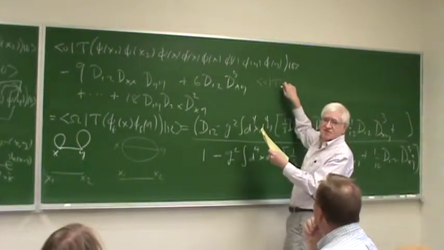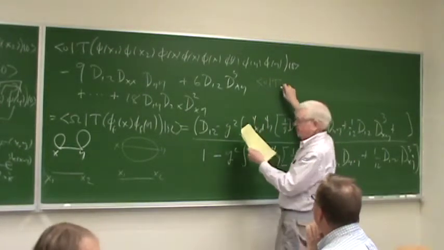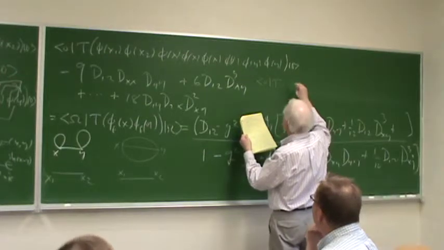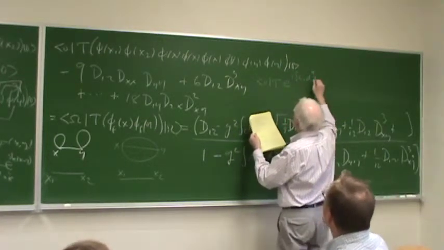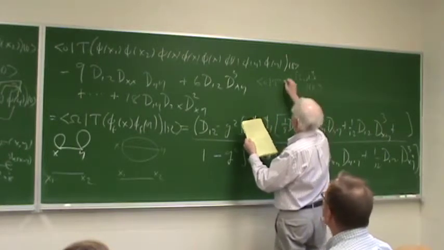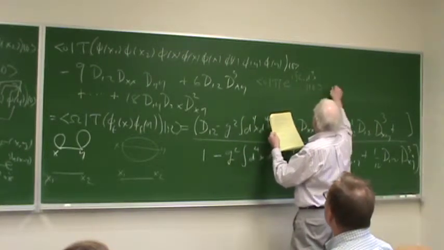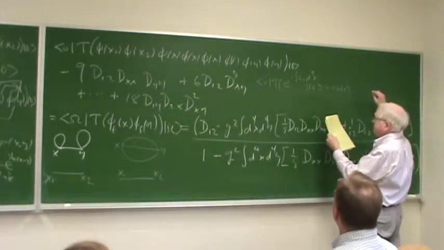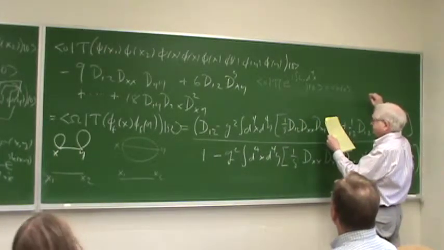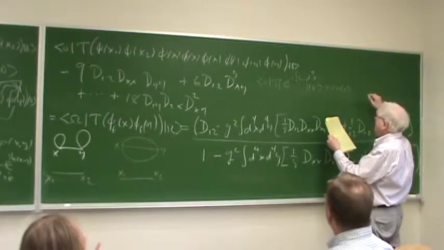You guys see this as well? E to the I integral Li d4 of x 0. So what do we have? We have this, and then which is 1.